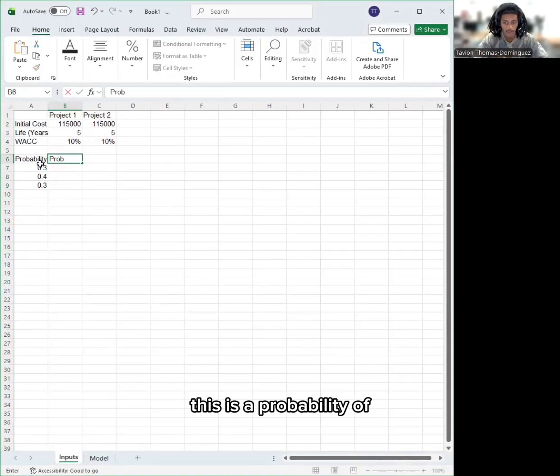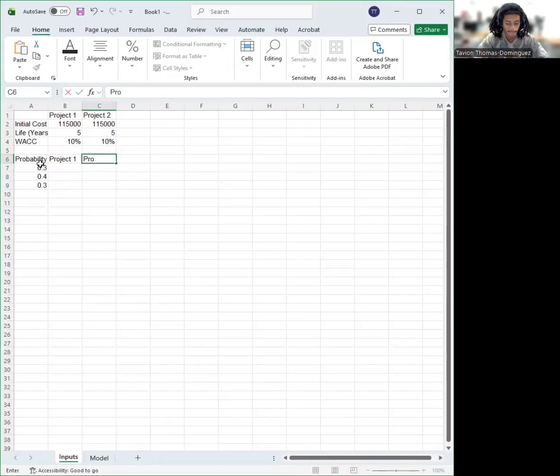This is a probability of each project. Premium.